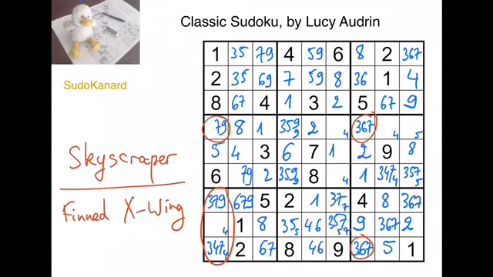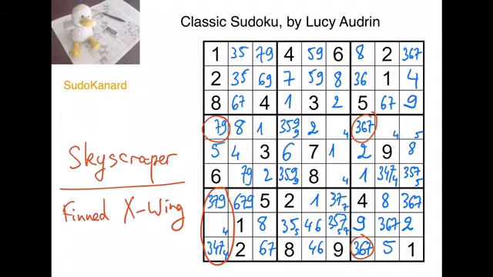What happens in this situation is that in some row or column, you have only 2 places for some digit. 7 can only go in here and there. And in some other column, you have almost 2 positions, meaning you have 1 position corresponding to one of those positions, so a parallel position to this one.